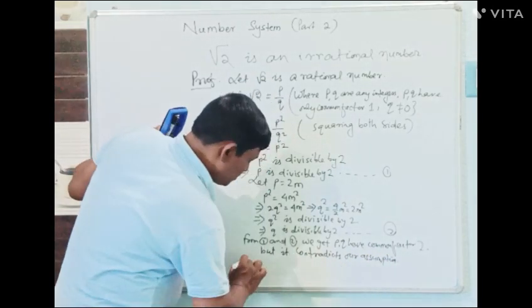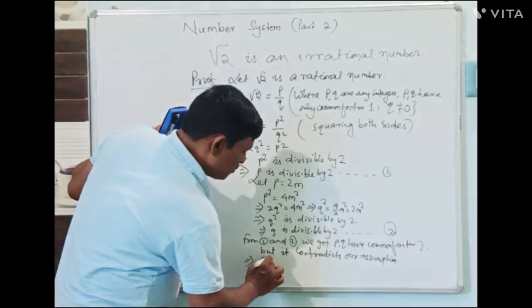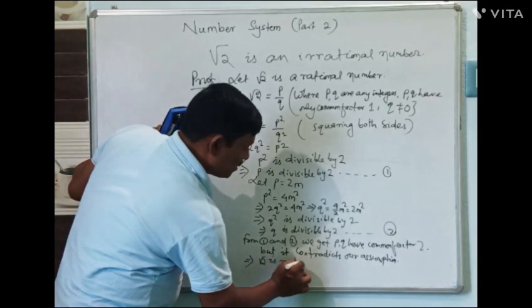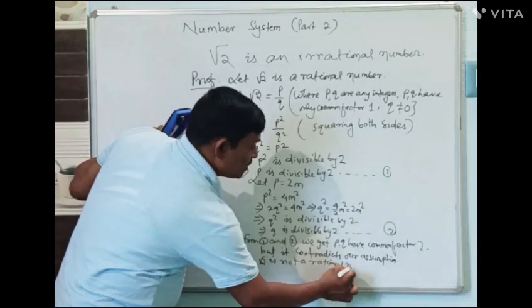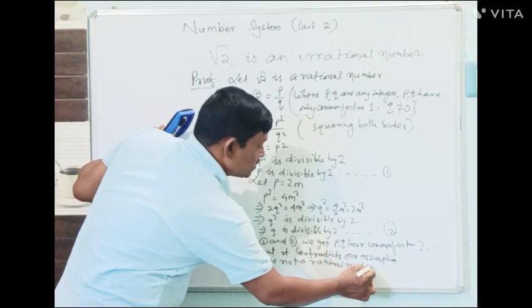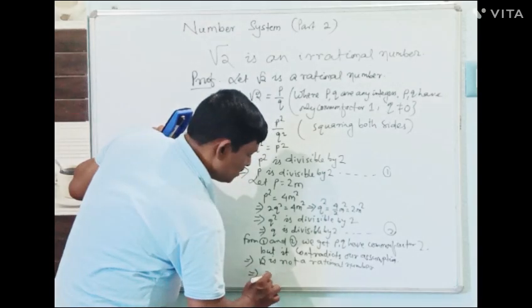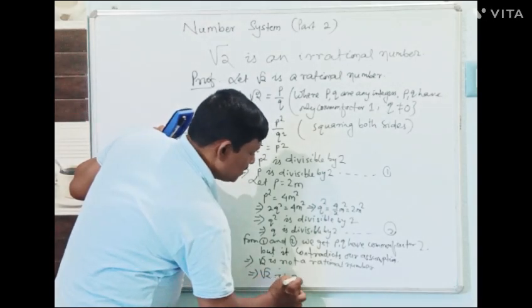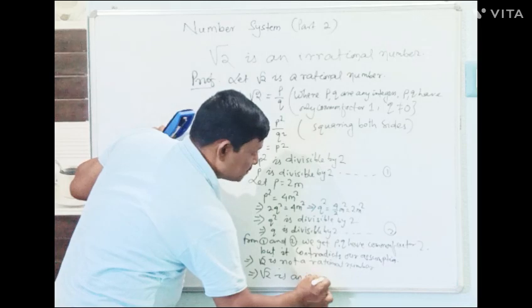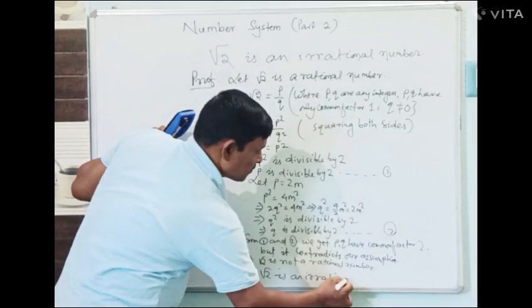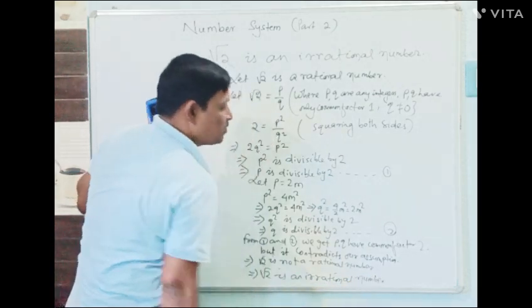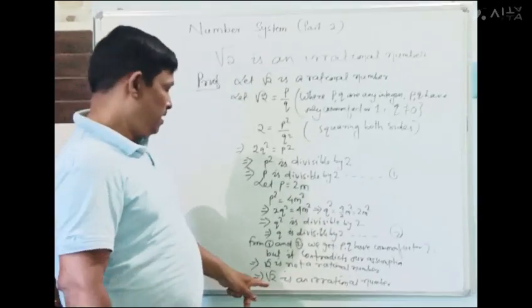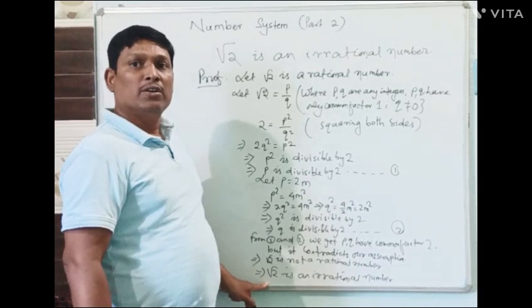So root 2 is not a rational number. If root 2 is not a rational number, that means root 2 is an irrational number. Understand?